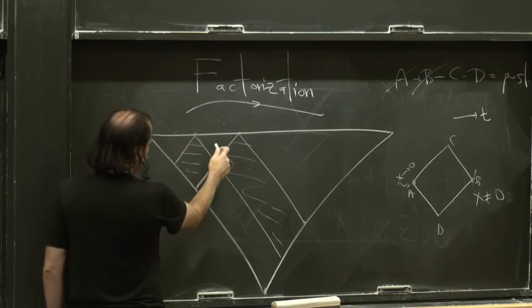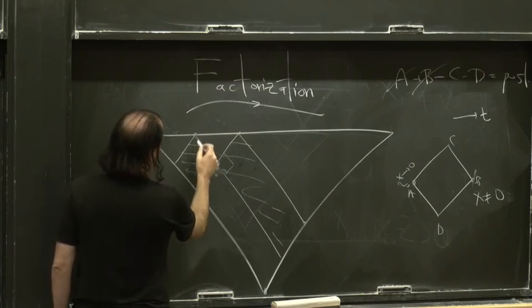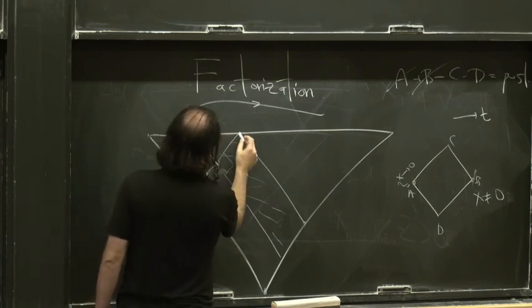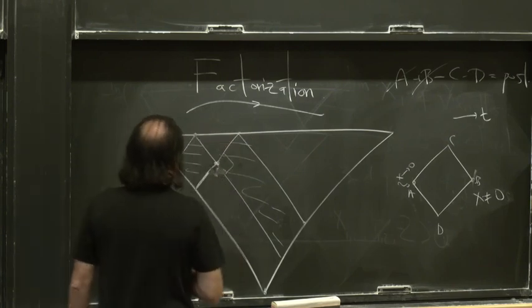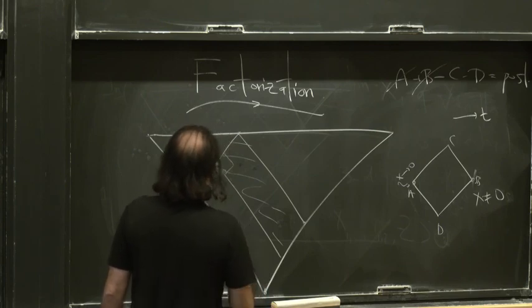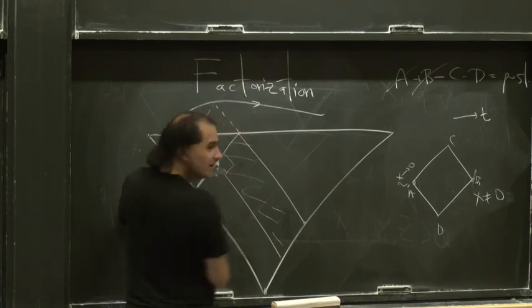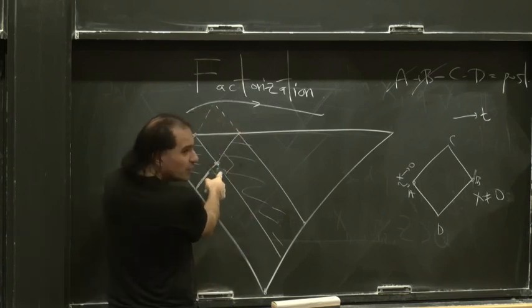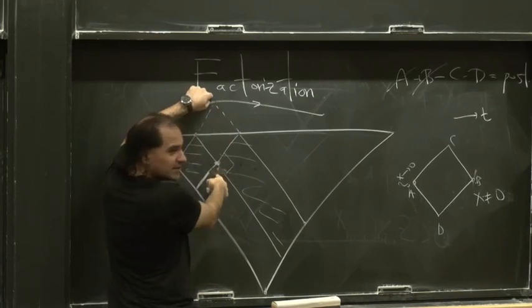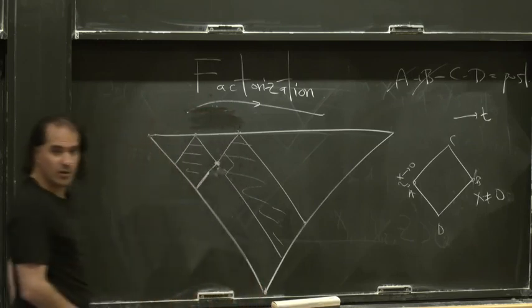Yeah, so it has everything 0. So the charge inside should be 0. No, the charge inside does not have to be, because that's not a causal diamond in the space-time. Okay, so we don't have an equation for that guy, right? So it has to be an equation that involves this plus this minus that minus that. We don't have that equation. Any other questions?